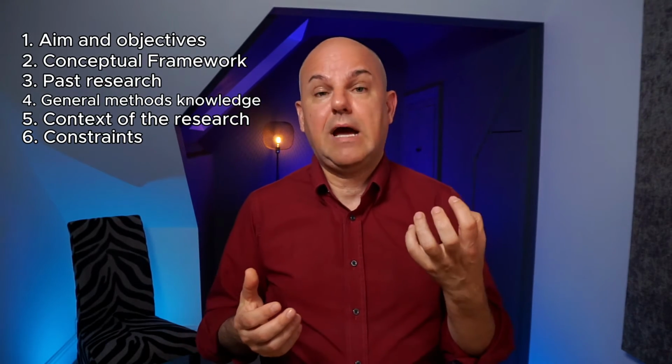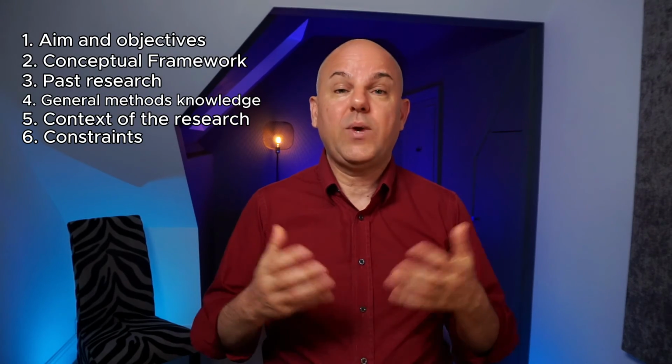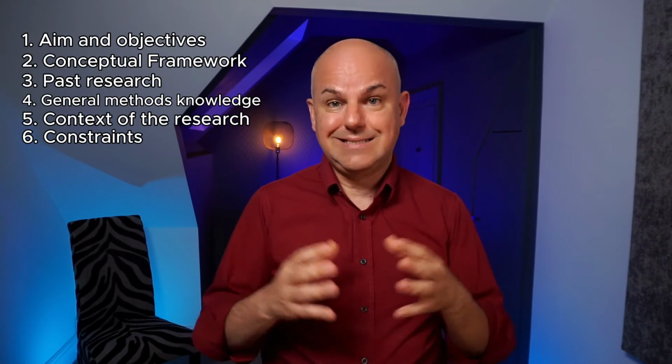The sixth and final reason that we can use to explain methodological choices is constraints. And this goes back to the ideal versus the possible. Sometimes we would ideally like to do something, but due to certain constraints, we cannot do what we would like to do, and therefore we have to settle for a less desirable alternative.